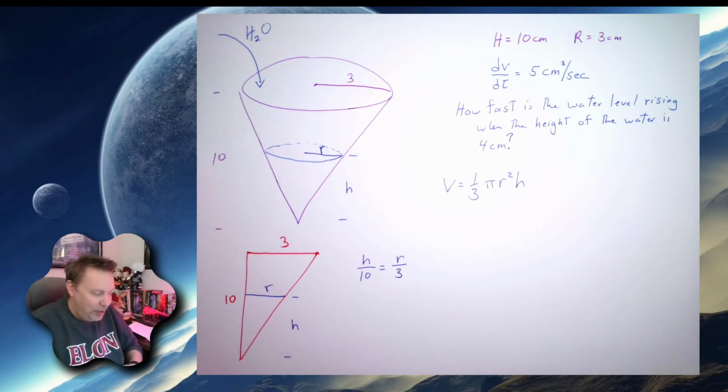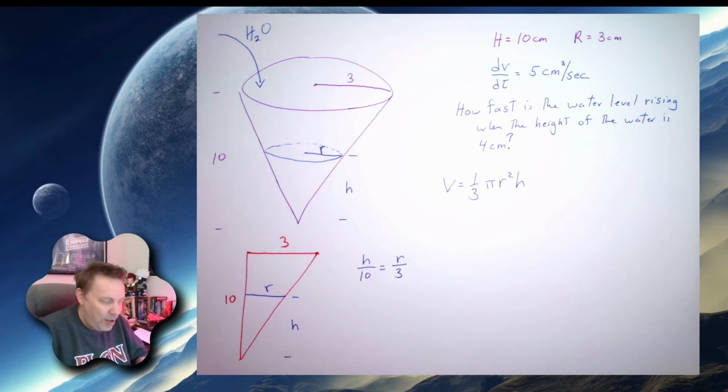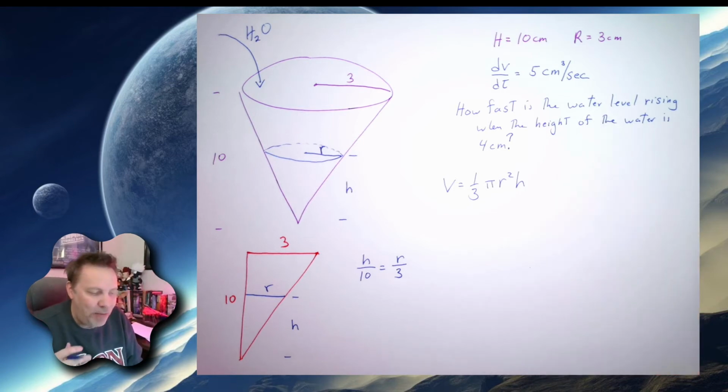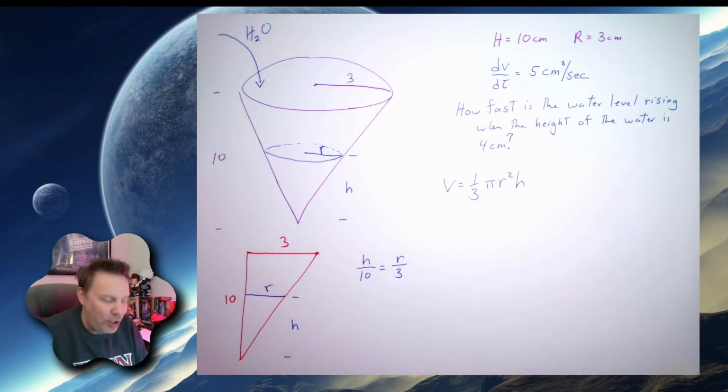What I can do is solve for R in this problem. Now, why am I solving for R? Because the question is asking about how fast the water level is rising. So I want to eliminate R from my problem.